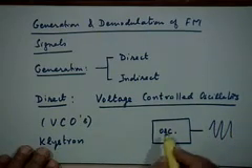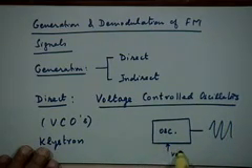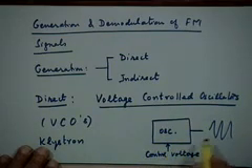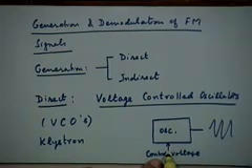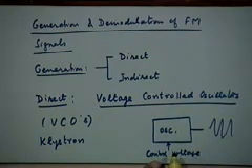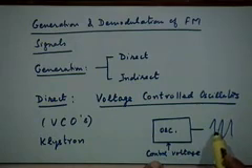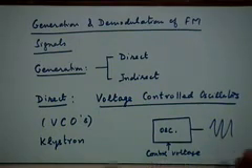Here you have a control voltage, and the frequency of the output will depend on the voltage applied here. So if I apply the modulating signal to the control voltage terminal, the output oscillations will depend on the input amplitude. That is what these devices do.